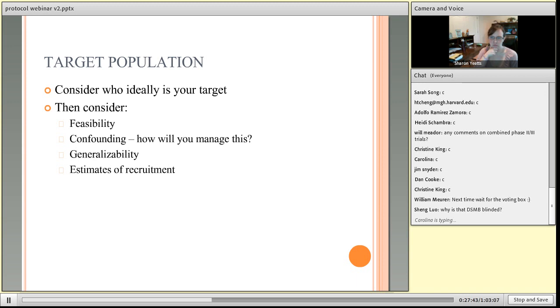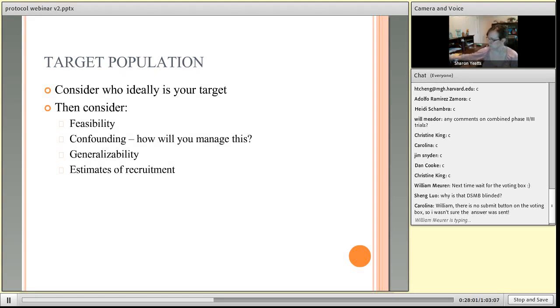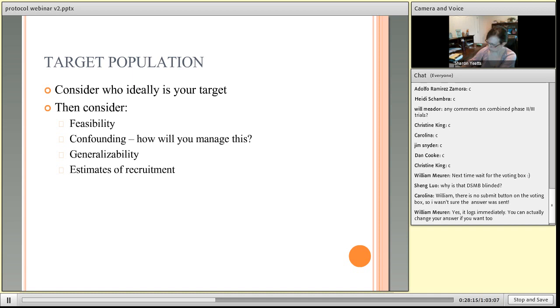Or for a GBM trial, all GBMs, regardless of whether they're new GBMs or recurrent GBMs, that they're all in your target. Or for an MS trial, it might be a population of MS patients who have failed a certain number of previous medications, something like that. So think about who your target is. Who would you like to capture in your trial so that you have presumably a new treatment for that population?